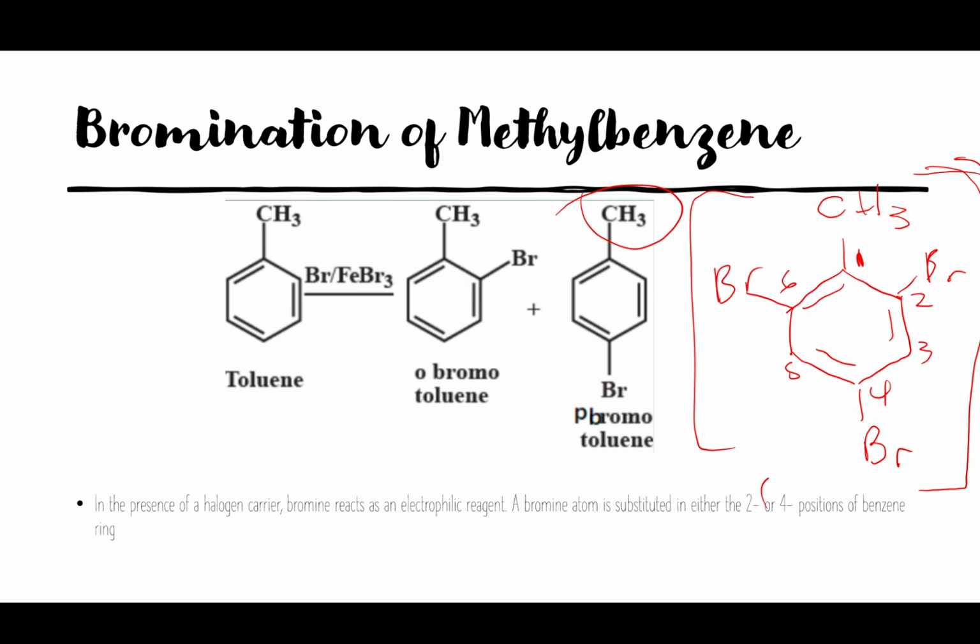So you can't say it's 2,4,6 directing. You can say it's 2,4 directing. This is why I tend to use ortho para directing, because ortho covers the 2 and the 6 positions, and para is only the 4th position. Depending on what you're looking at, this is position 2 and this is position 2.